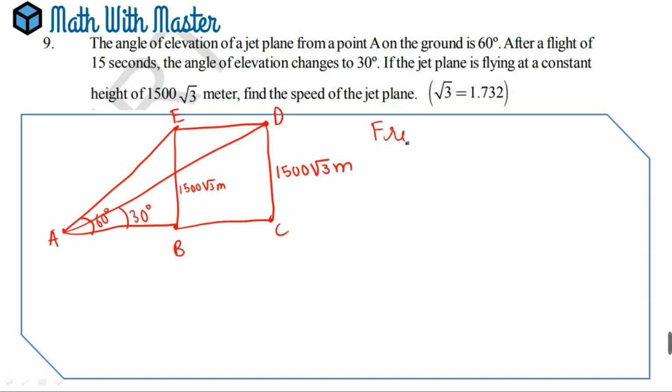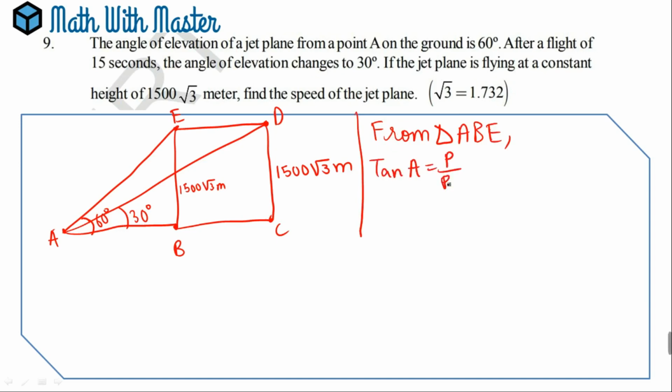So from triangle ABE, tan A is equal to perpendicular upon base, which is opposite upon adjacent, which is equal to BE upon AB.